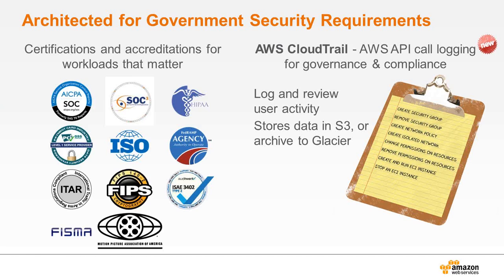The AWS cloud infrastructure has been designed and managed in alignment with regulations and standards and best practices, including HIPAA and ISO 27001. Recently, we announced AWS CloudTrail, which is a service that records API calls made on your AWS account and delivers log files to an S3 bucket.